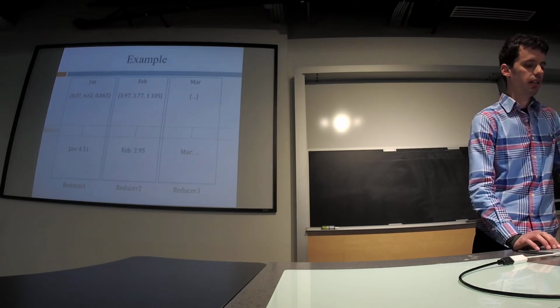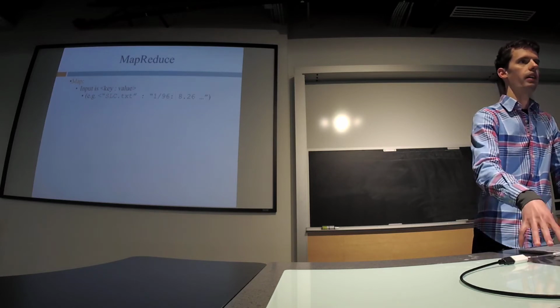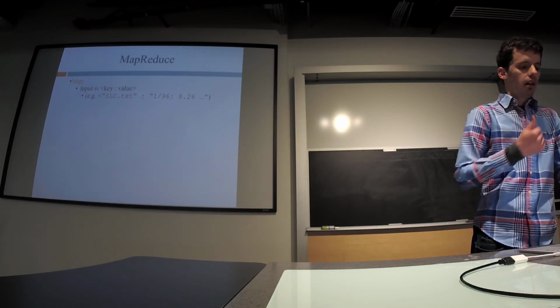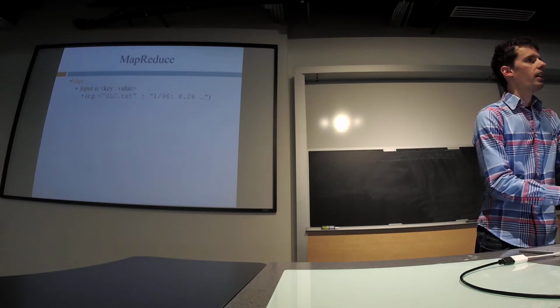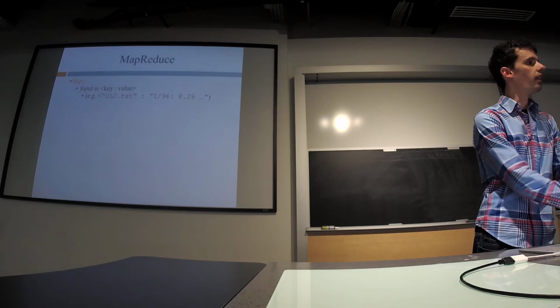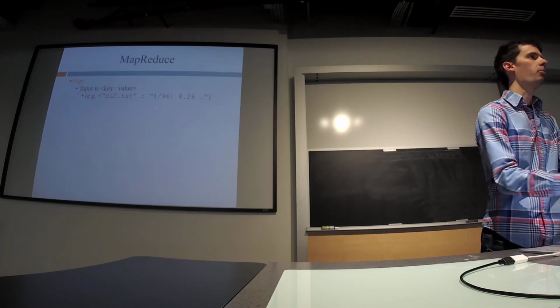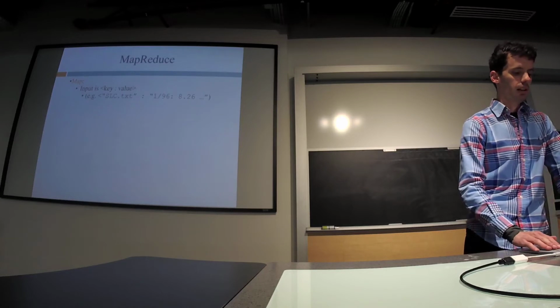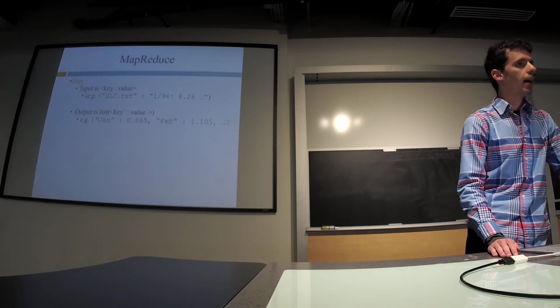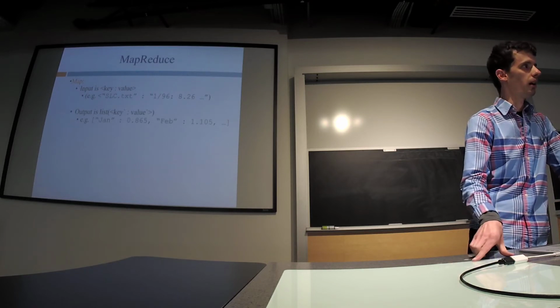So kind of more in the context of if you're going to program this thing and actually run it on some giant cluster. For the map phase, the input is key value pairs, where the key is a file name and the value is the file. So this is how we define what the input is. And then the output of the map phase is key prime value prime pairs.